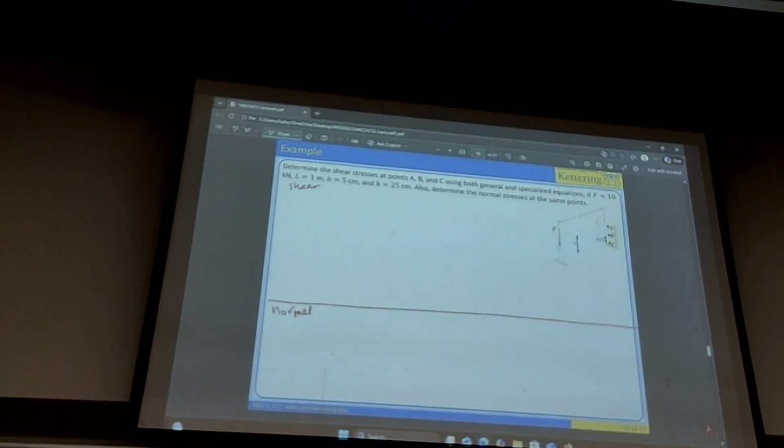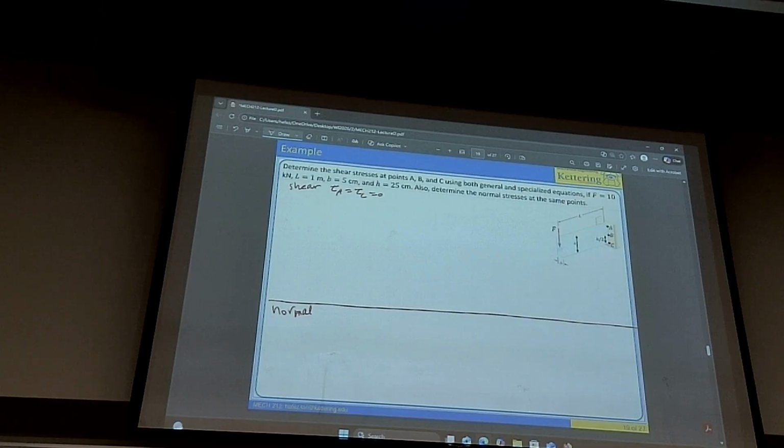We said it's about slippage, right? If you look at the top and bottom faces, there is no further layer on top or below these 2 layers so that they slip over. For that reason, shear stresses are 0 there. So tau A and tau C are zero, and tau B is greater than 0.